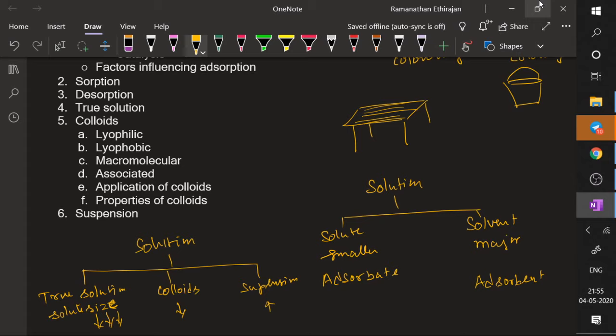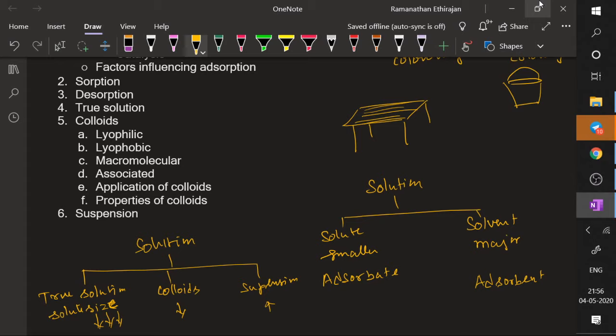So the solute particle size lies between suspension and true solution. For example, sodium chloride solution, you cannot see the solute particle once it's dissolved, whereas in suspension you can see the suspended particle.